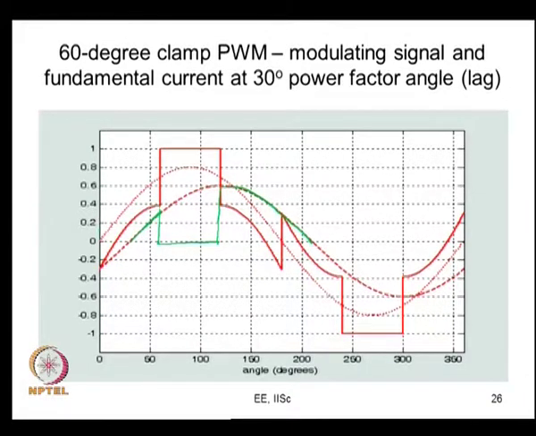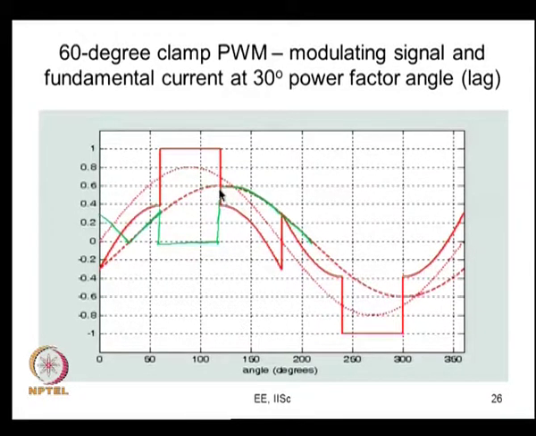So, you can see that there is a reduction, but the reduction is not exactly at the middle. The reduction in the energy lost is lower than what it was for the 0 degree power factor angle case. So, what should you actually do?